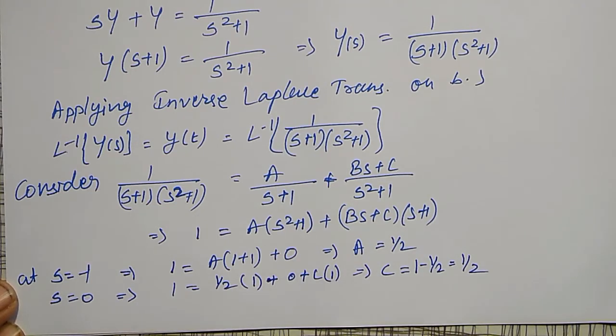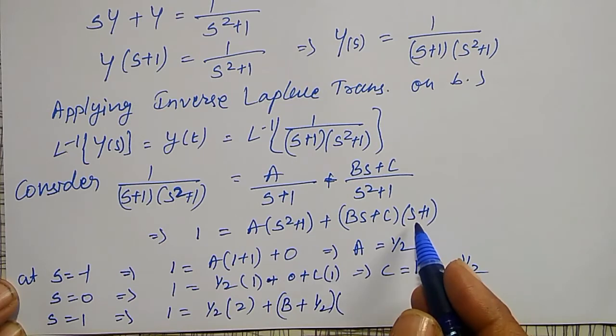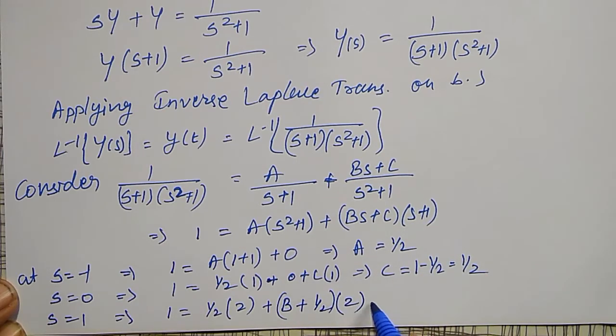Other than s equal to minus 1 and 0, I have to use another value of s to find b. Let me use s equal to plus 1, so that I can easily find it. At s equal to plus 1, 1 is equal to a, which is 1 by 2, into (1 plus 1, which is 2), plus (b into 1 plus c, which is 1 by 2) into (1 plus 1, which is 2). Here the 2s cancel.